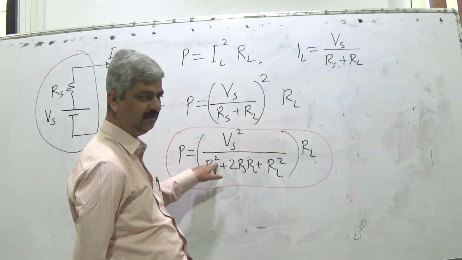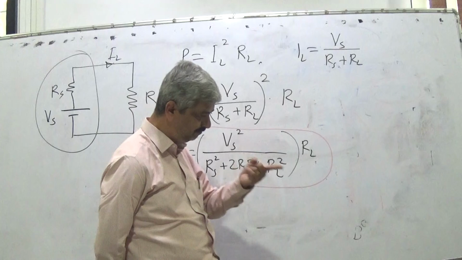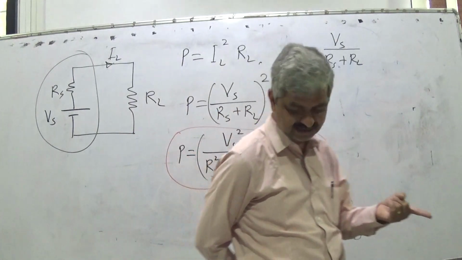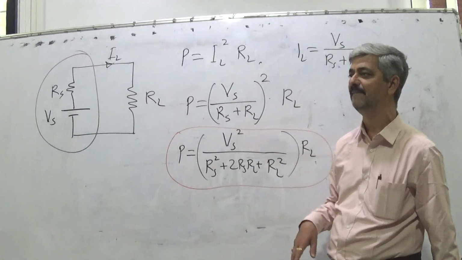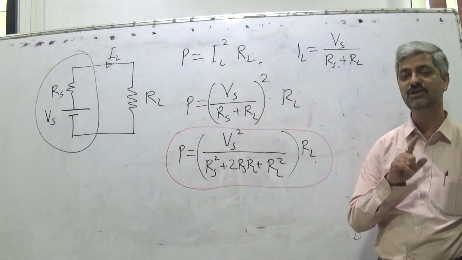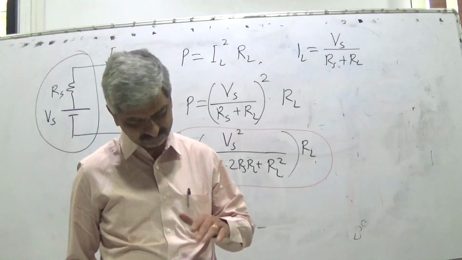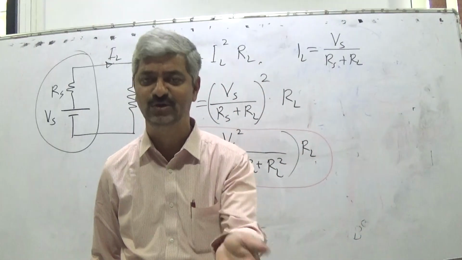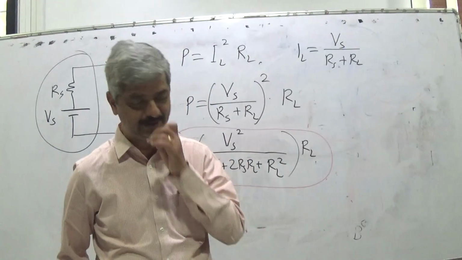The expression between P and RL has a square term, so it's a non-linear expression. Also, if the variable appears in the denominator, then also it is a non-linear expression.